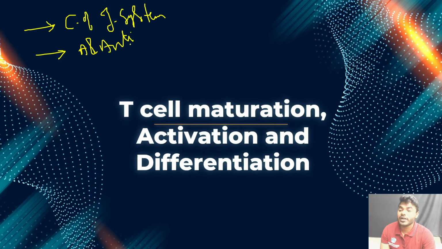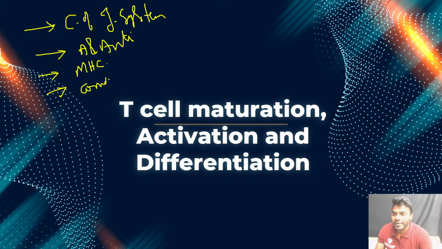We read about the different types of receptors associated with the immune system, that is toll-like receptors and soluble receptors. And we studied different types of antibodies also. Correct? And we studied the MHC molecule. And we have studied the complement system.